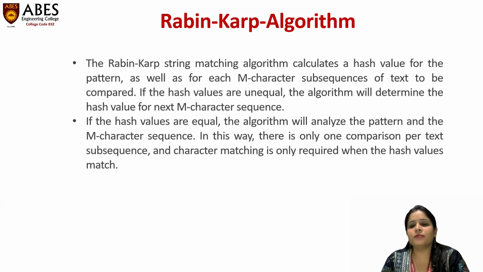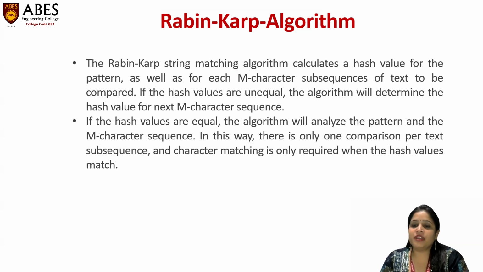To find the pattern in a given text array, first we compute the value of the hash function, and then we try to find a match of this hash value in the given text array.